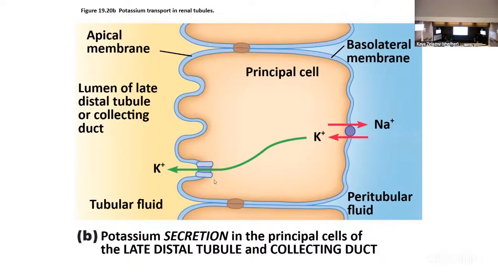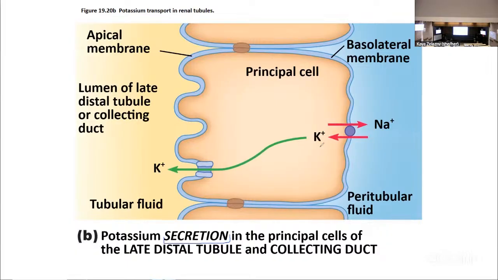But we do know more about what's going on in the principal cells in the late distal tubule and the collecting duct, right? So here we can see what's happening. When we see secretion, we know that we're somewhere other than the glomerulus and we've got something going into our tubular fluid. So we can see that ultimately that's the direction for potassium here, secretion.